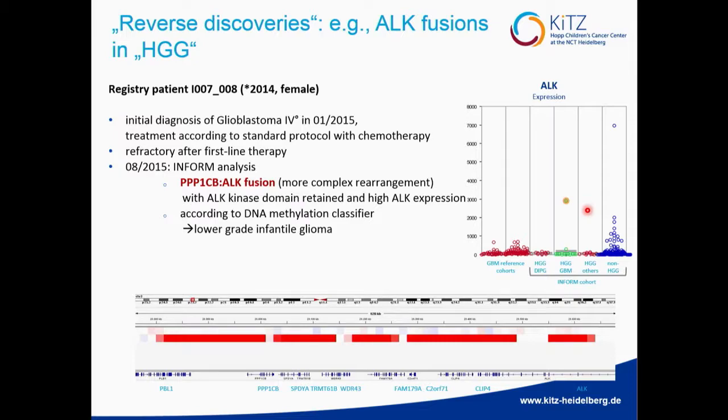Then we went back to the methylation data, and sure enough, we find a cluster where this particular tumor falls in, where about 50 or 60% of cases all have ALK translocations, and we can now firmly say that there is an infant high-grade glioma or infant glioblastoma group that is driven by ALK fusions, which is really interesting also in terms of treating these patients.